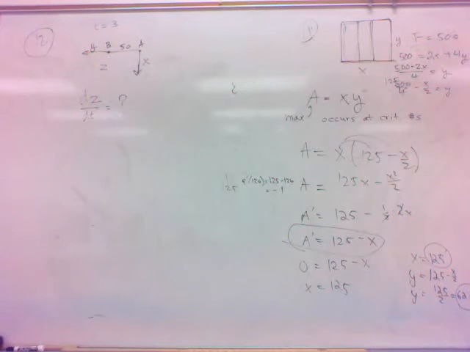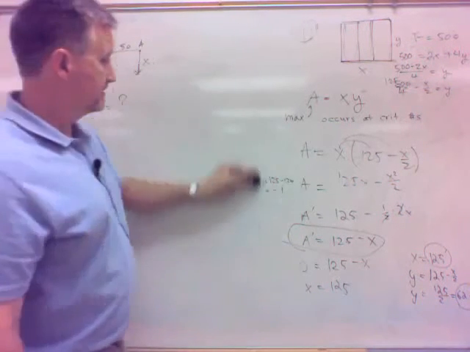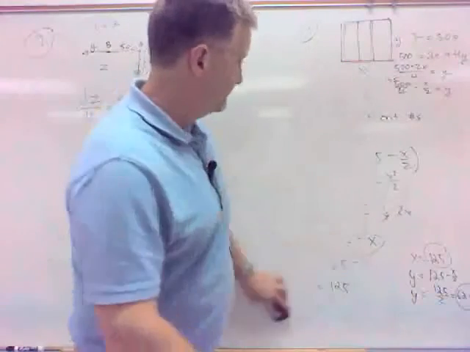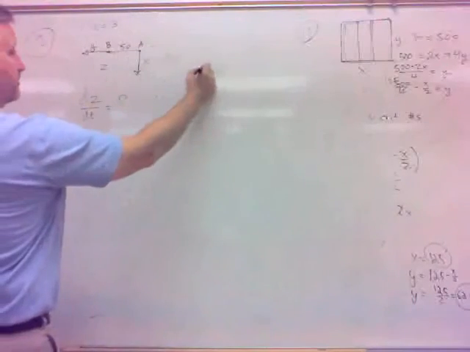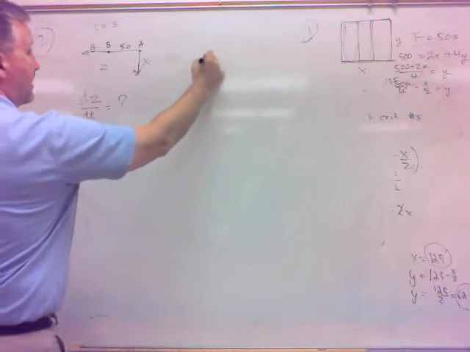All right, so how do I set this up? I've got a squared plus b squared equals c squared.